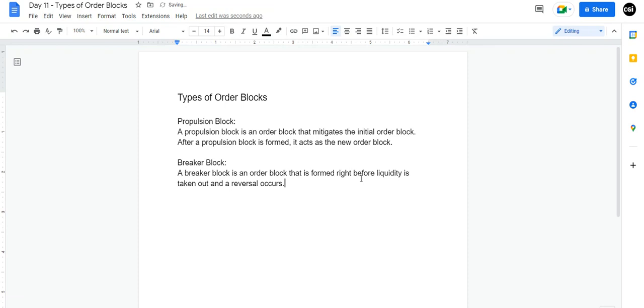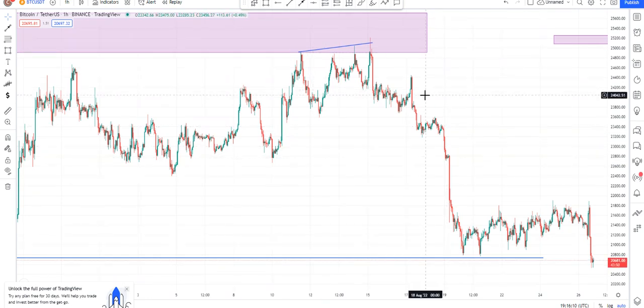So the breaker block is what is respected if you have a liquidity run and the price still comes back to respect it. You will not understand yet, but an example will give you a good idea.